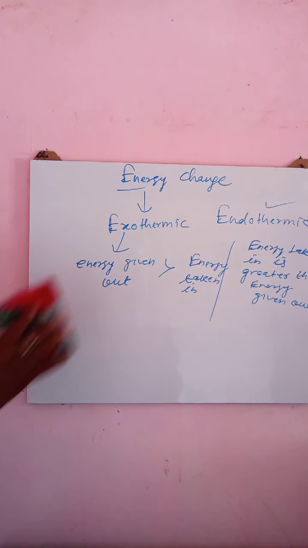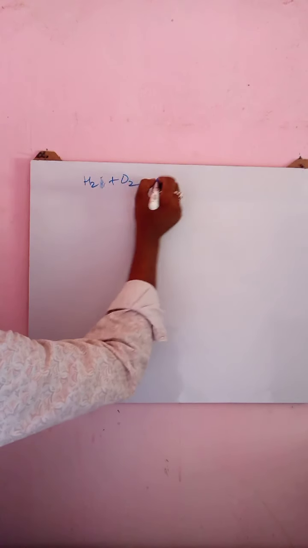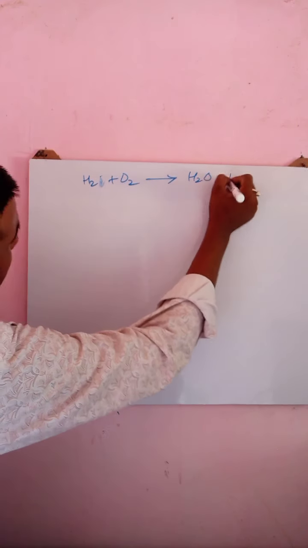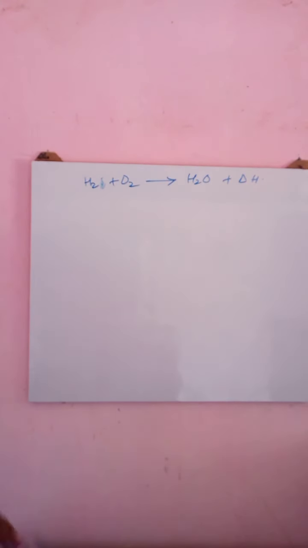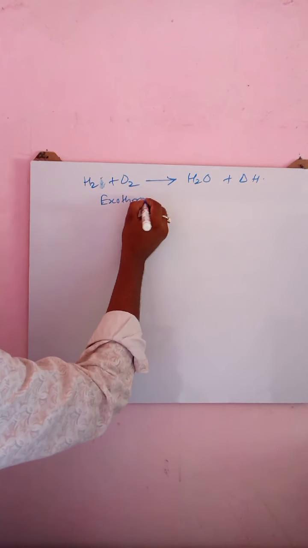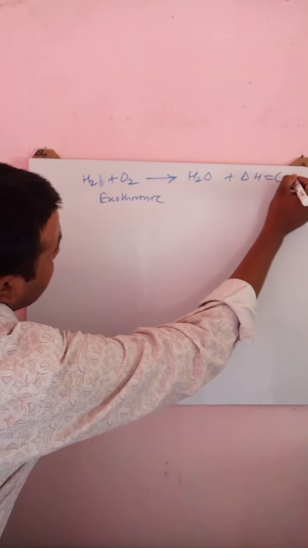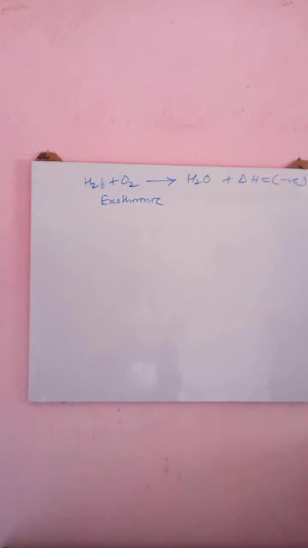For example, H2 plus O2 gives H2O plus delta H. It is a type of exothermic reaction because delta H is negative here. When delta H is negative in a chemical reaction, the reaction is exothermic.